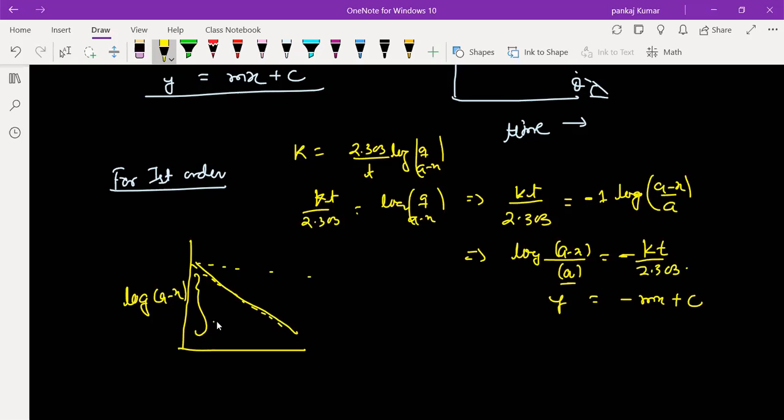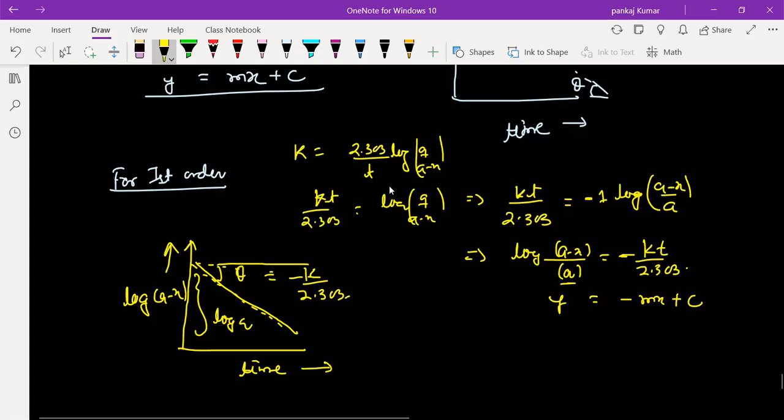So this is the log a. This is your time t, and this theta is equal to minus k by 2.303, isn't it? Yes, okay, clear.